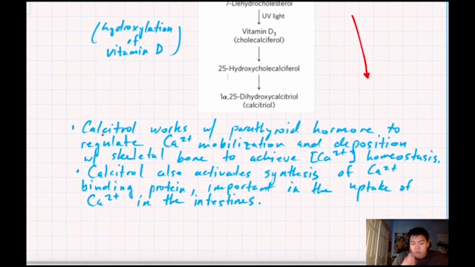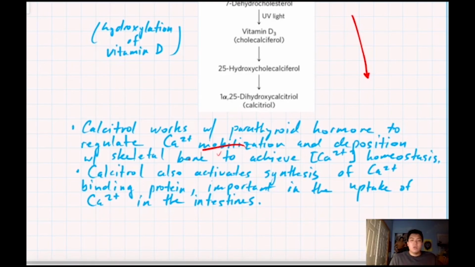So calcitriol affects your calcium levels in your blood in two ways. The first way is it works with the parathyroid hormone to regulate mobilization or deposition of calcium from your skeletal bones. So if your calcium levels are too low in your blood, then it's going to activate mobilization with your parathyroid hormone, so that you increase your calcium levels.